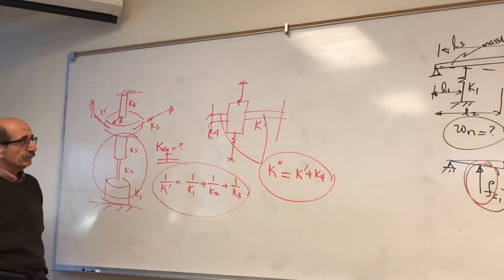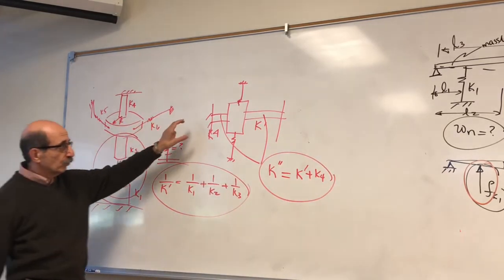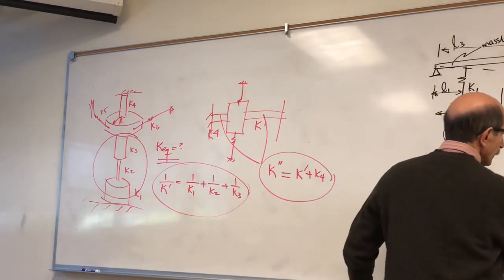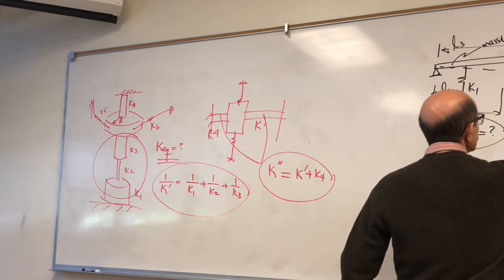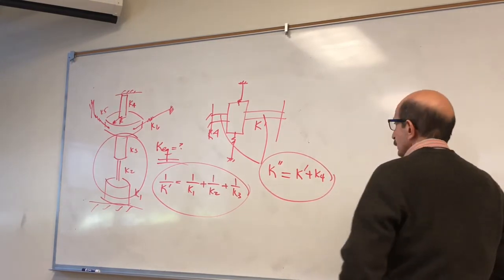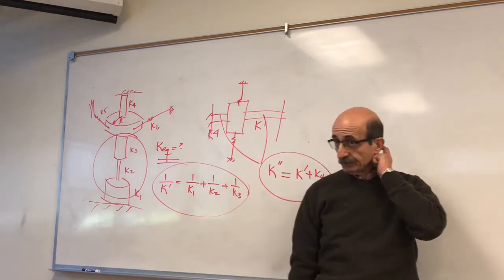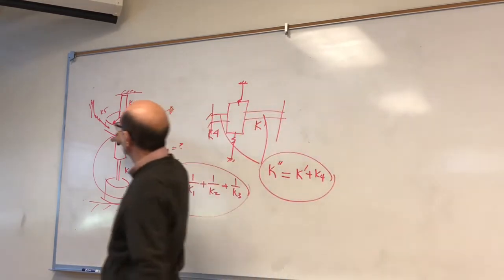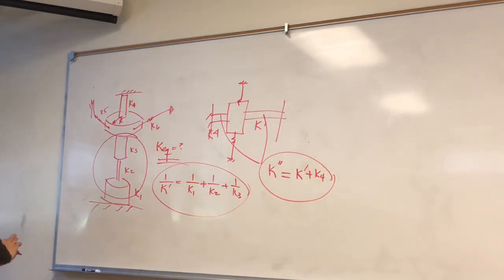So now I have a single torsional spring, and two linear springs that are attached to it. How do I convert those linear springs to a torsional spring equivalent? First of all, these two experience the same deformation.